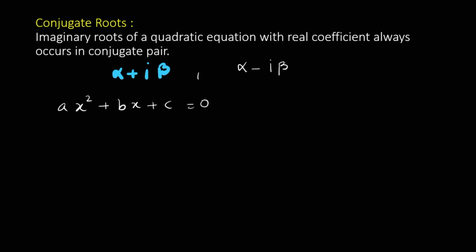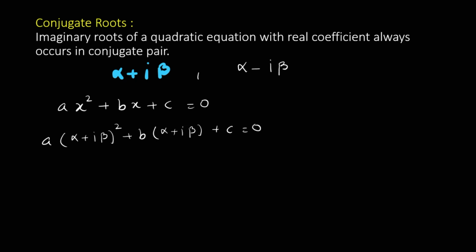So we put the value of x as alpha plus iota beta, so we can write a into (alpha plus i beta) to the power 2 plus b into (alpha plus i beta) plus c.